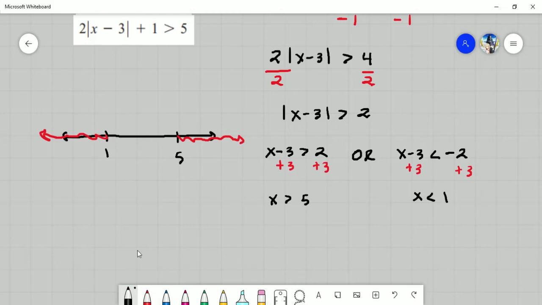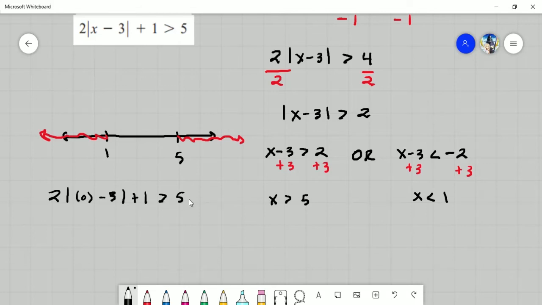So I'm going to plug in numbers that are less than 1 and greater than 5 and see if it checks out. Okay, so number less than 1, that's 0. So I'm going to plug that in. Let's see if that will be greater than 5.